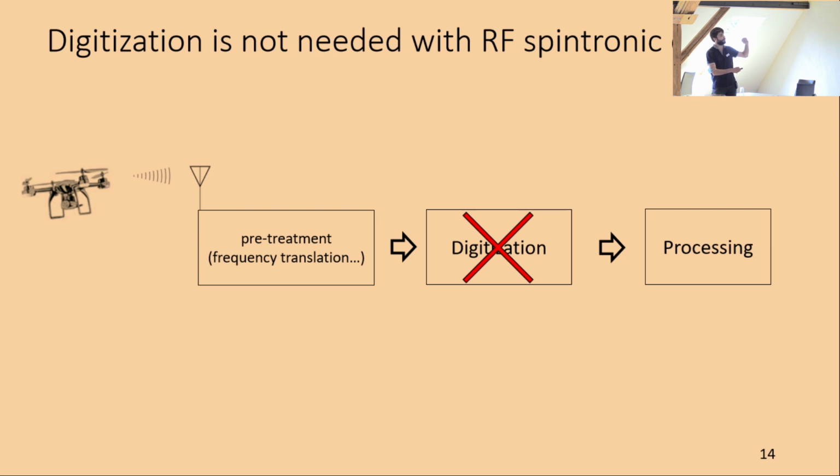You can do some frequency translation in order to sample the signal through digitization, and then you can process the signal. By considering radio frequency spintronic devices, we can directly consider the RF signals. So we get rid of this digitization, which is usually what costs a lot of energy in this process.